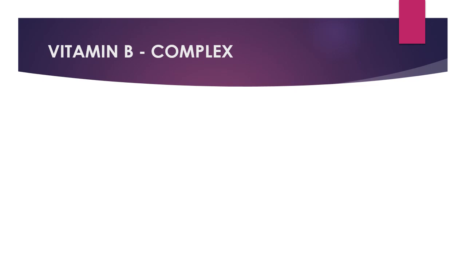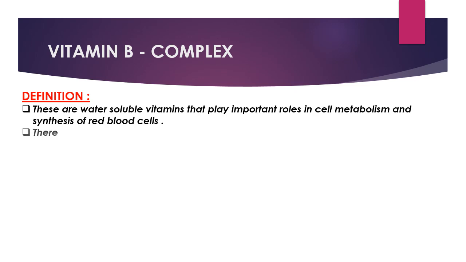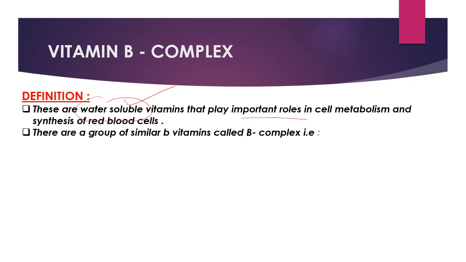Now, vitamin B complex. Vitamin B are water soluble vitamins that play important roles in cell metabolism. In cells, so many reactions take place; those are called cell metabolism, and synthesis of RBC, red blood cells.